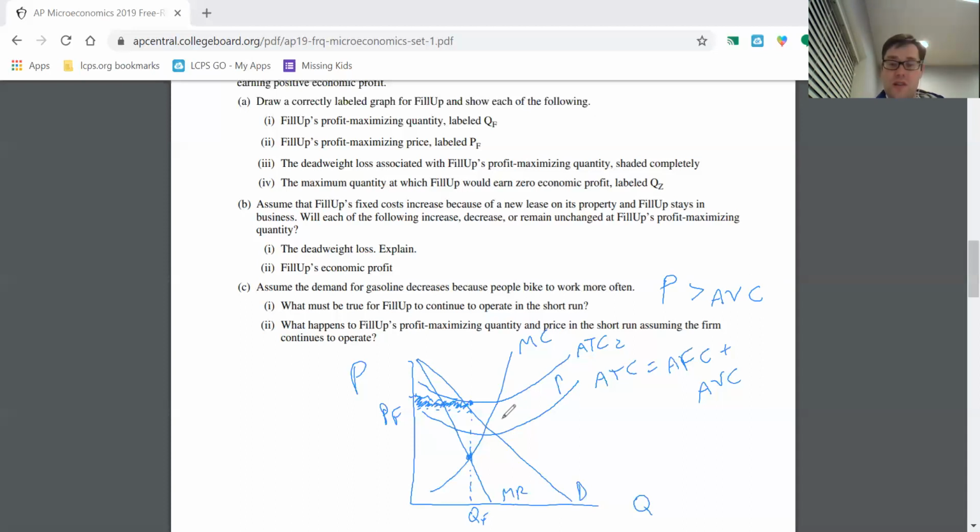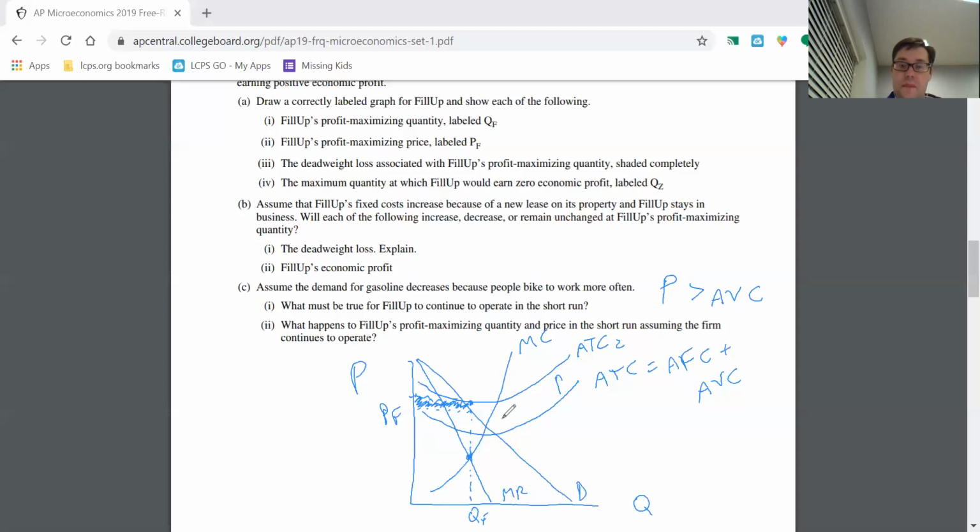If price fell below the average variable cost, then for every additional unit of gasoline, or whatever I'm selling, I'm losing even more for every additional unit I sell. So at that point, I'm going to shut down. And again, that's the short run.